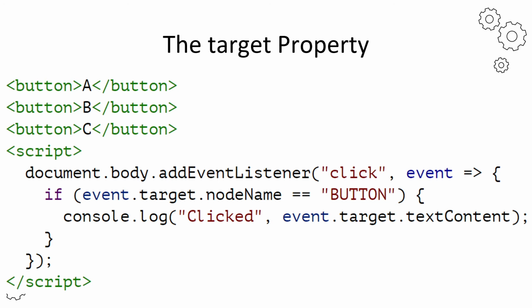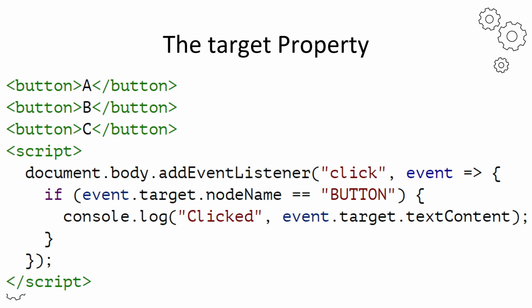If we want to know where the event was triggered, we can make use of the target property of the event object. And in the target property, there are some useful properties like nodeName and textContent. So in this example, we can either attach a handler to each button in the body of the page, or we can add just one handler to the body, which is the parent of the buttons, and use properties in the target to carry out the actions.